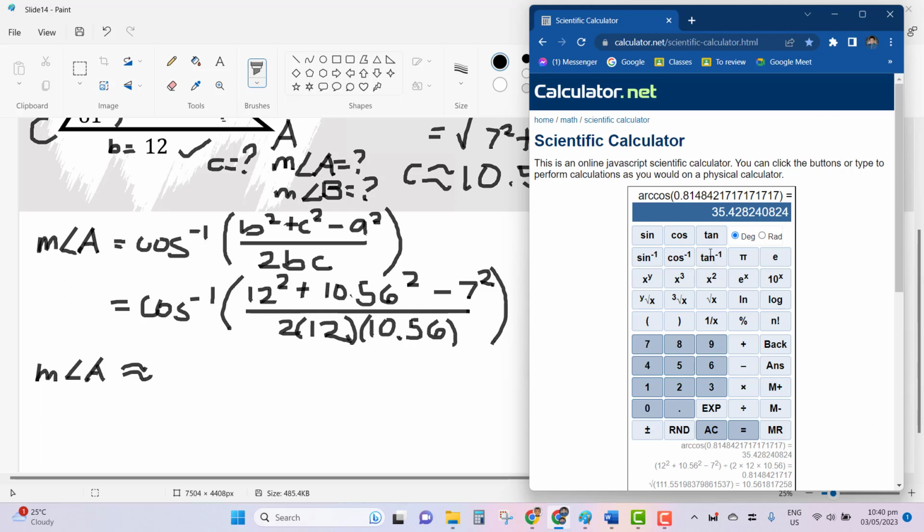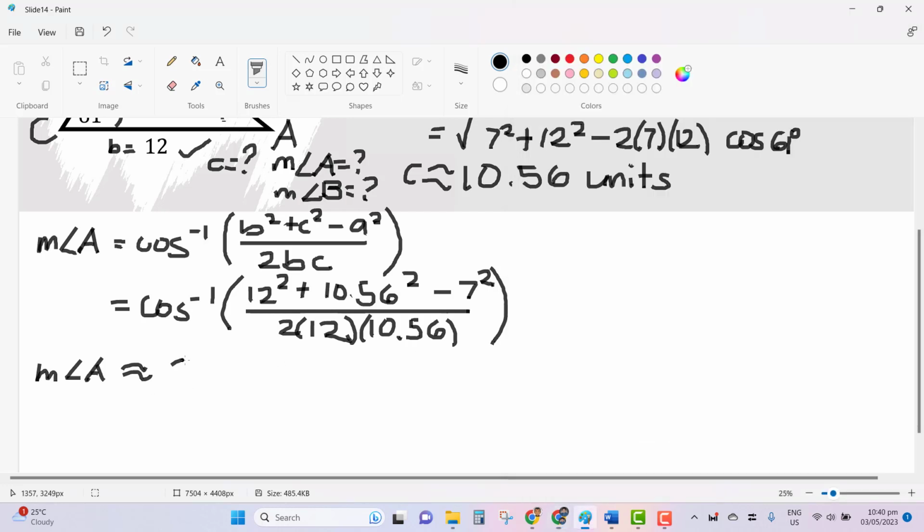We are going to round it off into 2 decimal places, so that would mean approximately 35.43. So you have here approximately 35.43, and since it's an angle, we use here degrees.